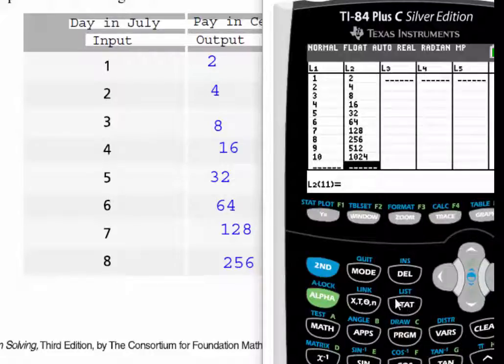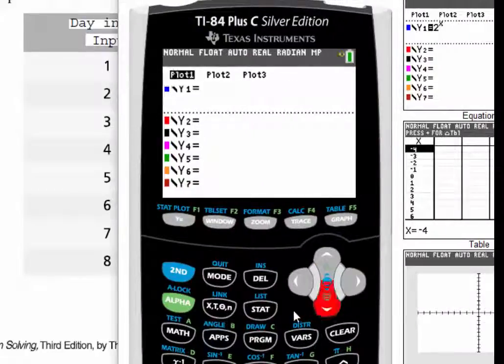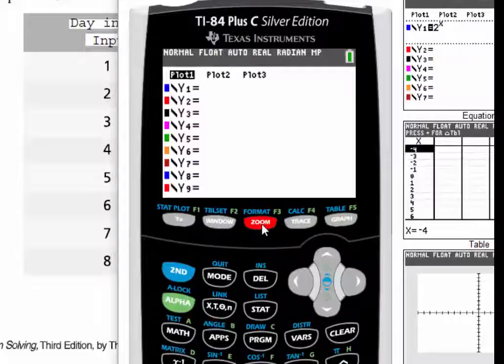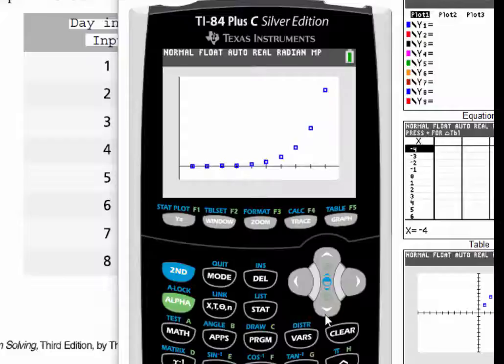Okay, and now if I want to do a scatter plot, if I go to my y equals, I want to clear this, and then I want to highlight my plots. So my plots are on, I press enter. And now when I press the zoom key, number 9 says zoom stat. There's my scatter plot.